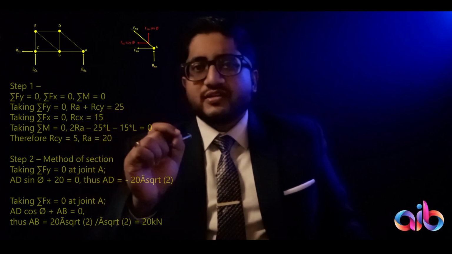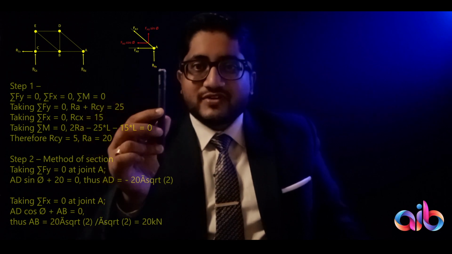We are very close to the final answer they were looking for in the exam, which is the force in member AB. Now, the force in member AB is a horizontal component. You know the vertical force. You know the force in member AD, which is acting at an angle. So the sin theta component is vertical, but the horizontal component, AD cos theta, is horizontal. This is countering the force in the member AB. So AD is 20 root 2, cos theta is 1 by root 2.